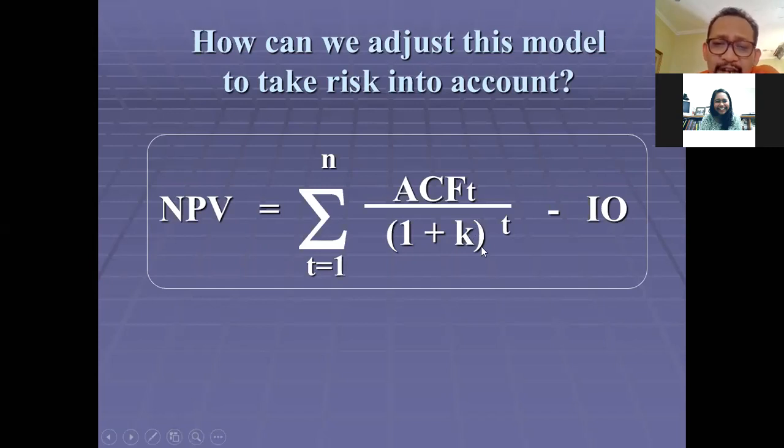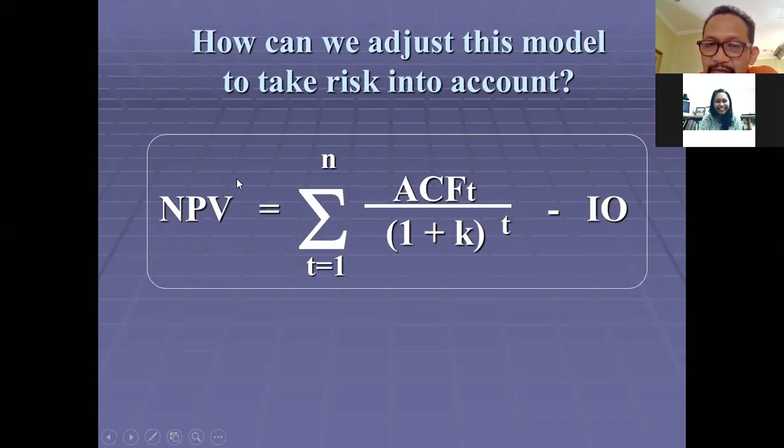If you adjust this value, it will change the net present value. If it's higher, it could be negative. But if it's lower, then it could be positive. Remember that you can only accept the project if the net present value is positive.